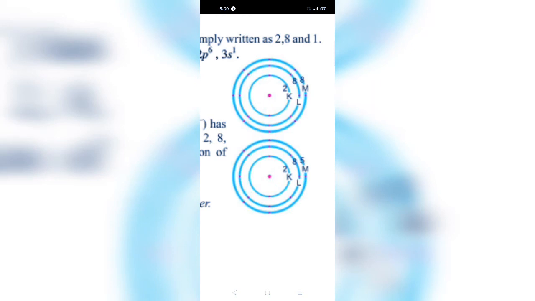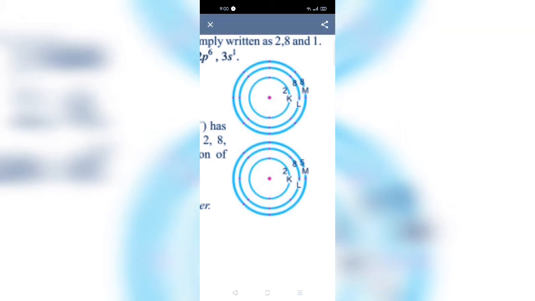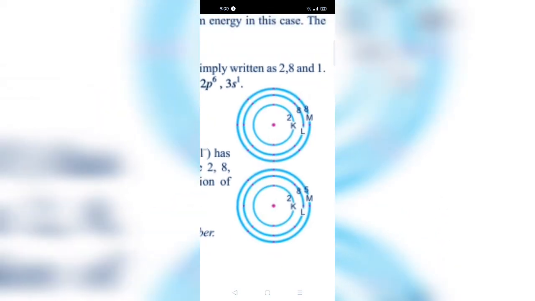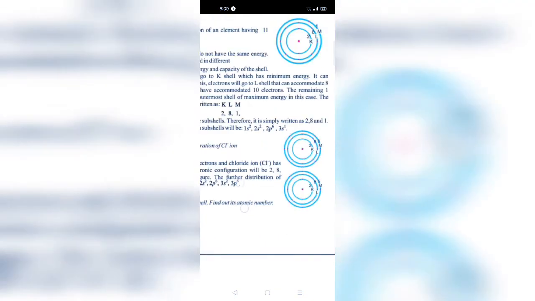When the inner shells are filled, the remaining electrons move towards the outer shell. So if the outer shell contains 5 electrons, the inner 2 shells contain 10 electrons, because K has a maximum capacity of 2 electrons and L has 8. That's why the atomic number of this element is 15.